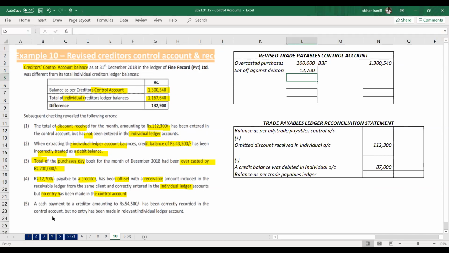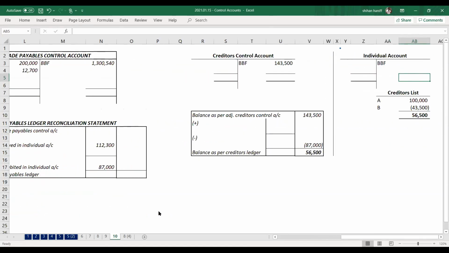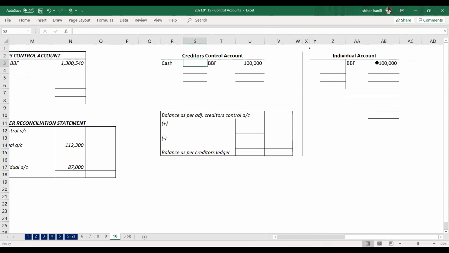Then the last one: cash payment to creditor 54,500 has been correctly recorded in the control account, but no entry in the individual account. So let's take this payment. Assume 100,000. Cash payment 54,500.